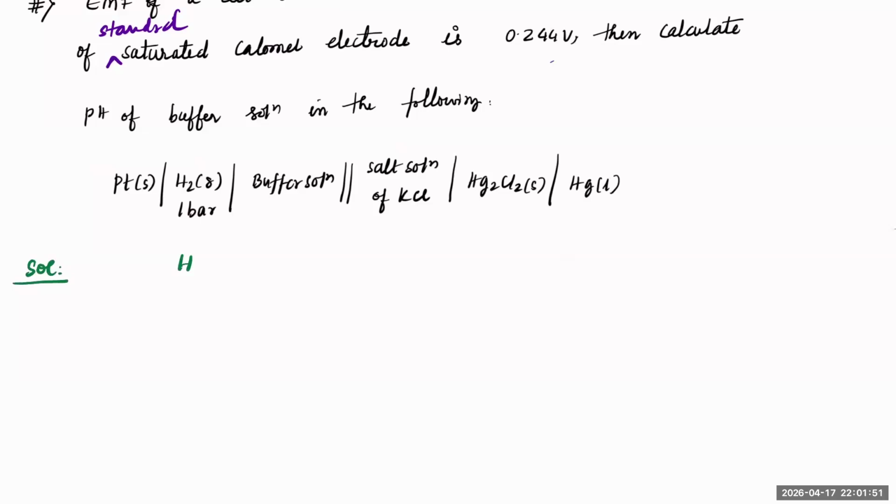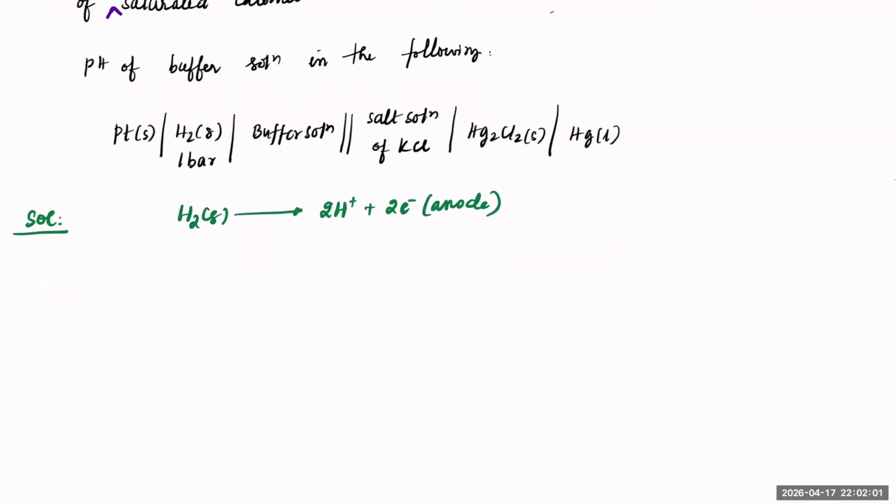You will see we have H2 gas becoming 2H plus and 2 electrons. So this will become the anode reaction. Now if you notice the cathode reaction, it is Hg2Cl2 plus 2 electrons, giving 2Hg plus 2Cl minus, and this becomes the cathode.